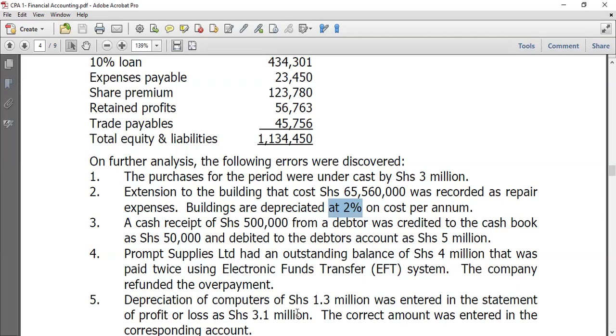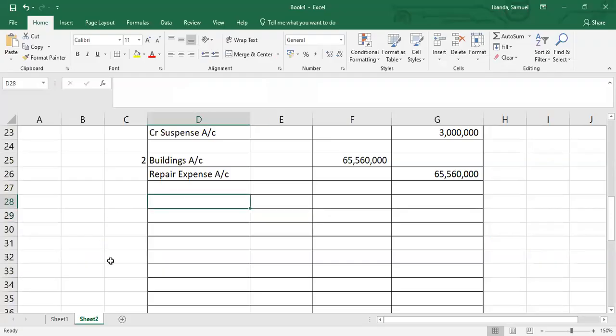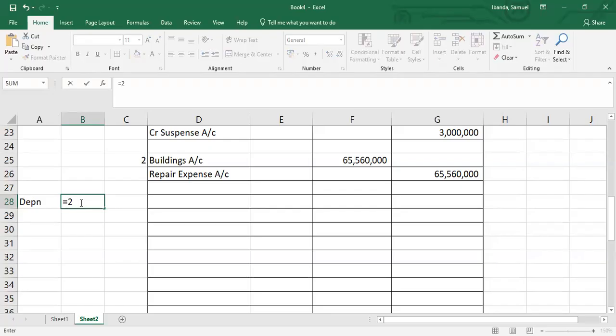So what I'll basically do, I'm now going to depreciate the asset, okay? So you can have a short working, maybe just say depreciation, they're telling you it is 2%, so 2% of the 65,560,000. Okay, that is what you basically have, and this is your depreciation.